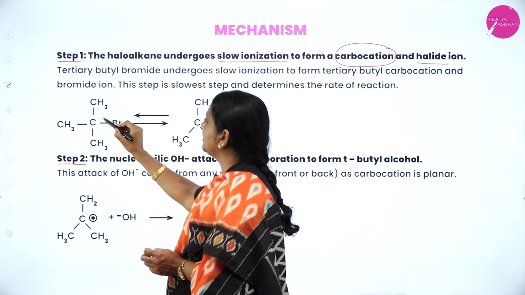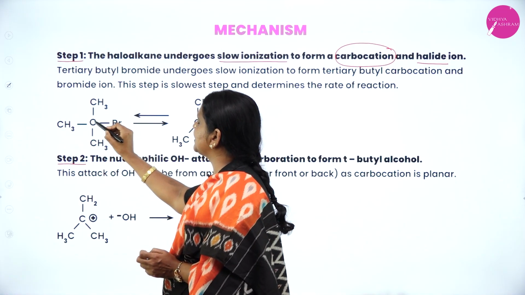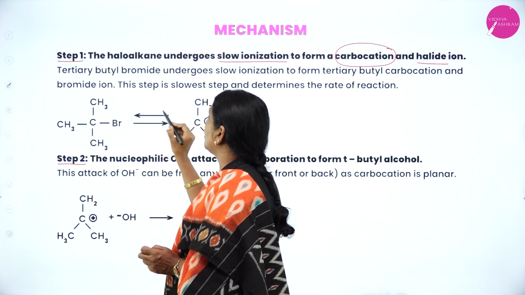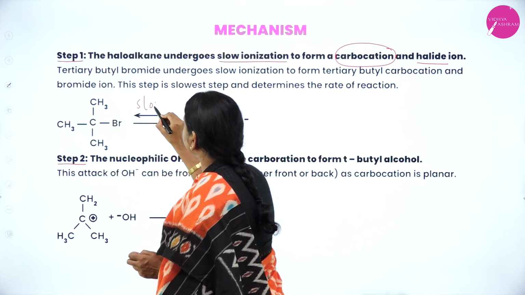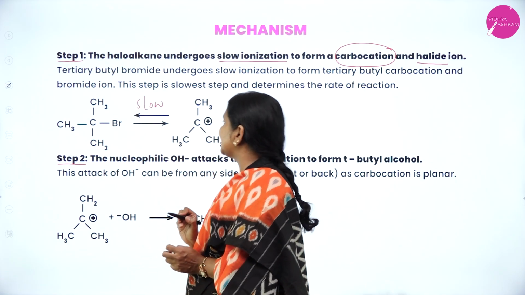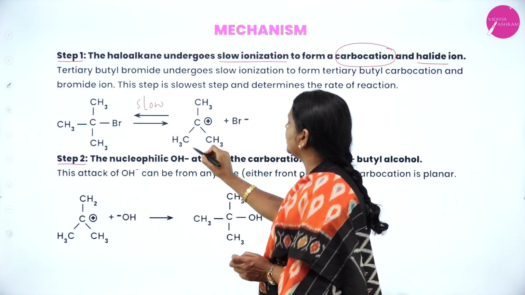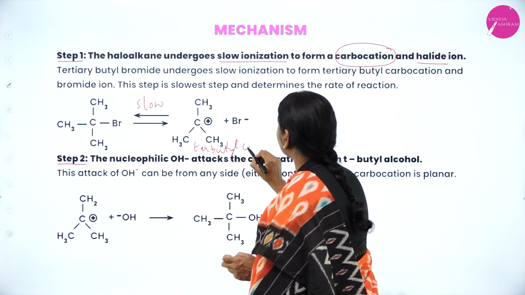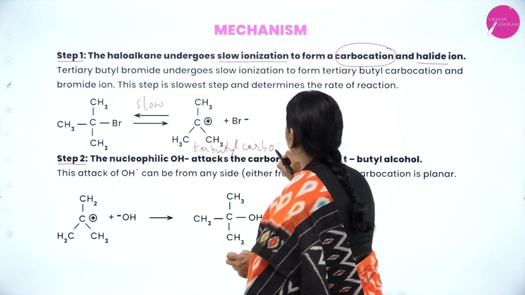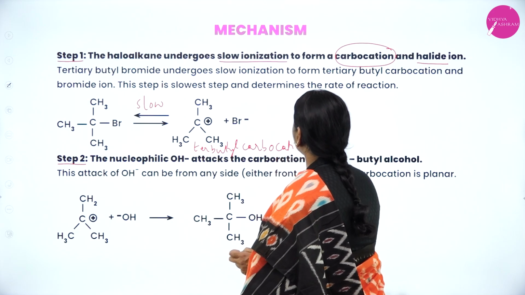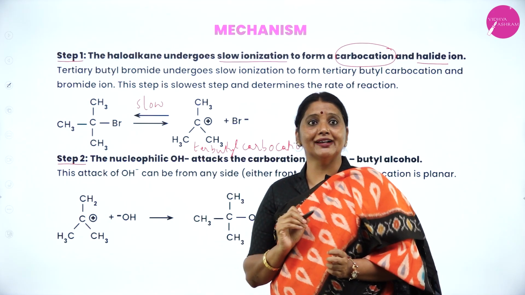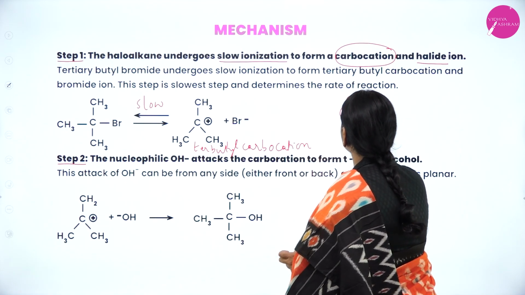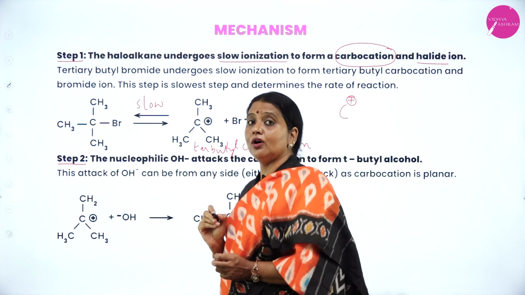See, my dear students, this is tertiary butyl bromide, (CH3)3C-Br. It undergoes slow ionization to form tertiary butyl carbocation and bromide ion. What is a carbocation? Carbon carrying positive charge is known as carbocation.